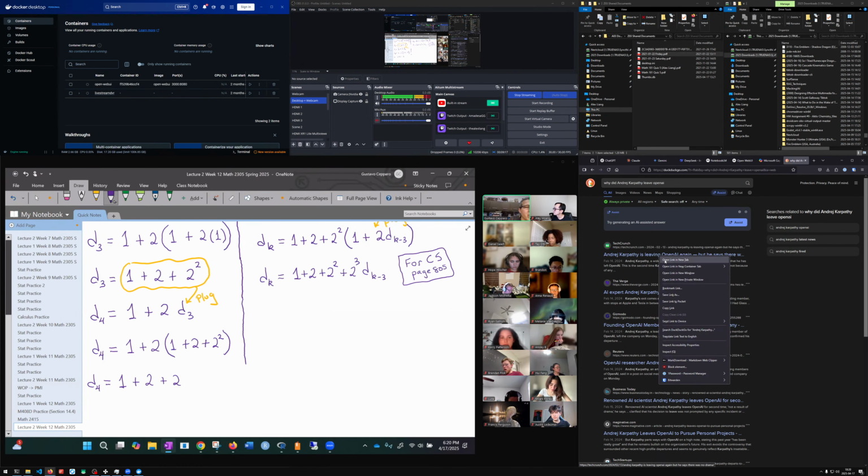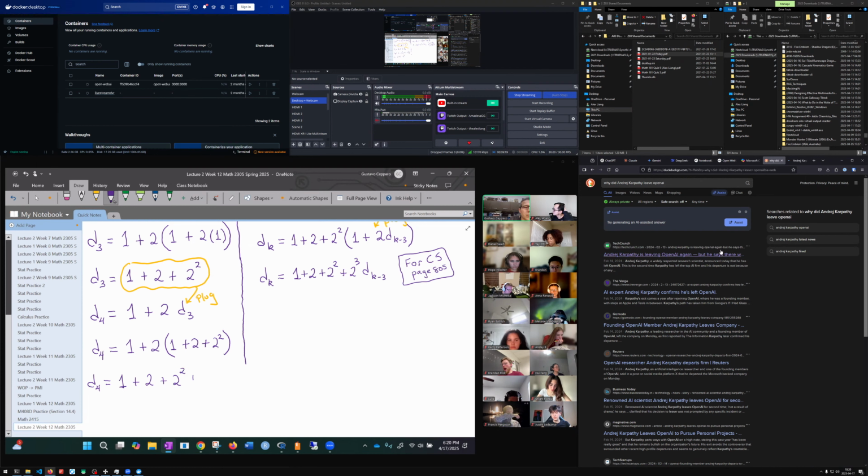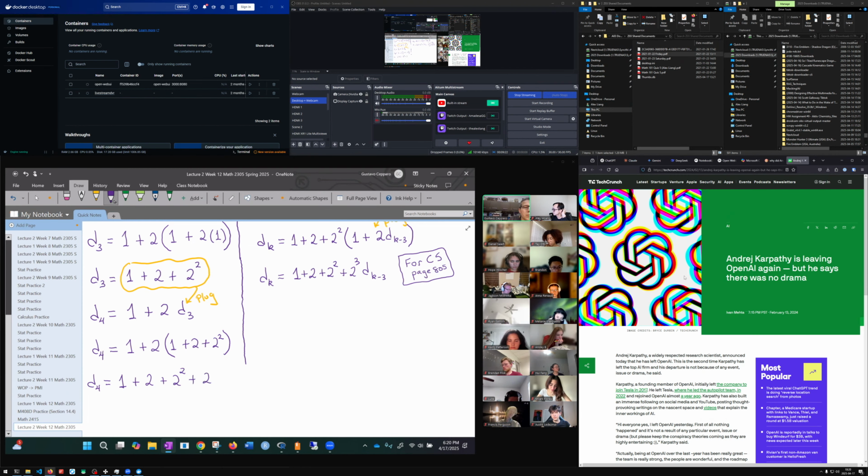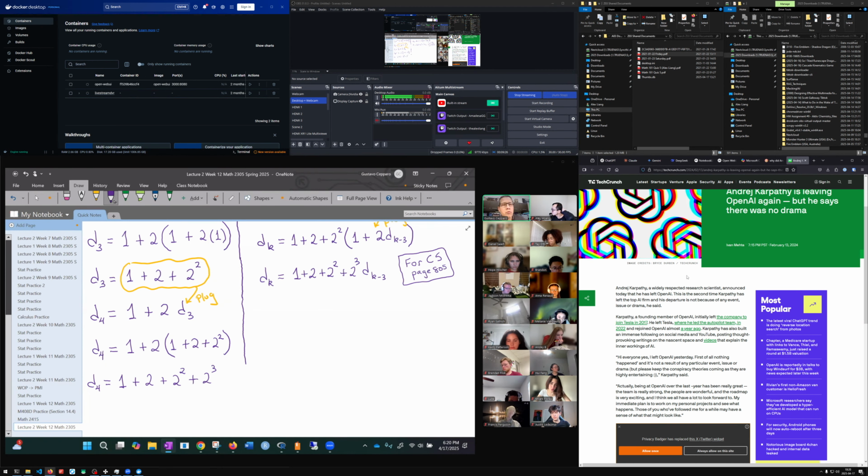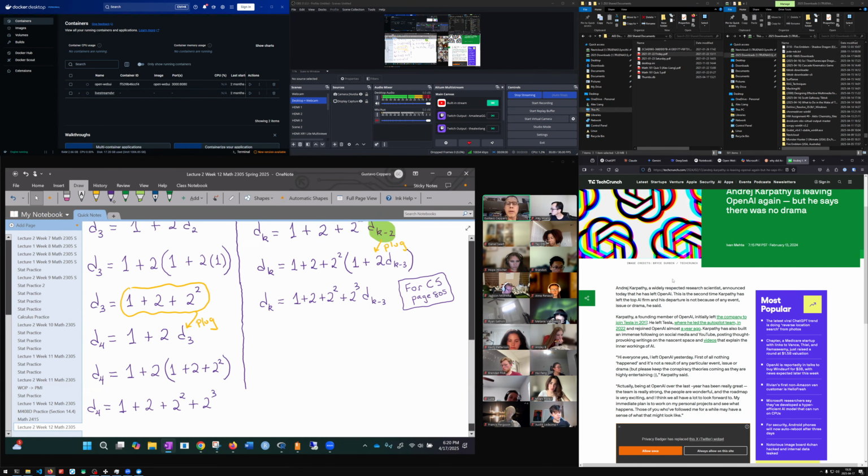And the pattern is emerging. I'm adding powers of 2 right there. I'm adding powers of 2, and we know the formula for that. Let me play a little bit on the right hand side.